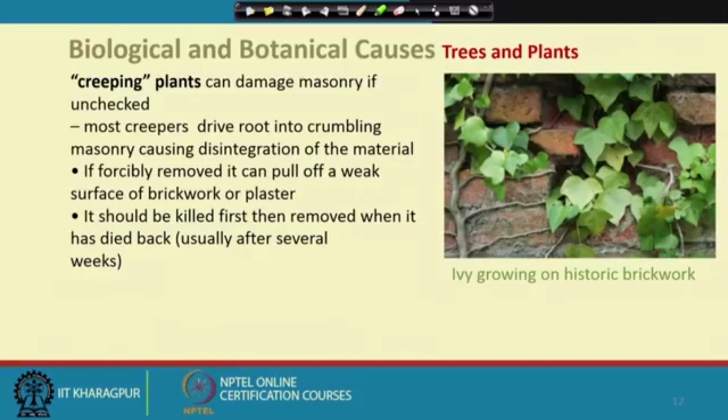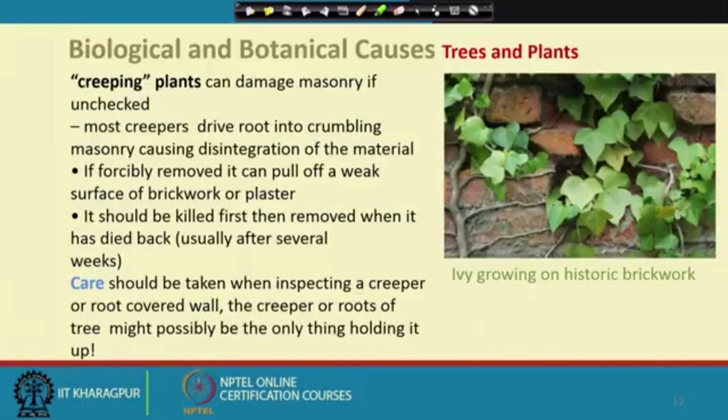And one must understand that rather than pulling it off from the surface, one must first kill it and then remove it when it has died back. And for killing, what should be used for the cleaning? Also, one should take some expert advice on what the chemical should be, depending on what the material or the component is.